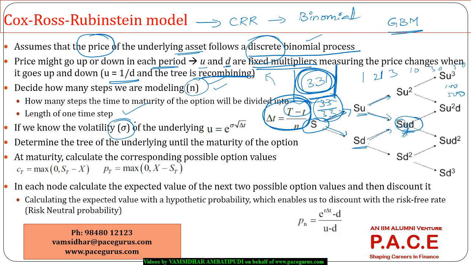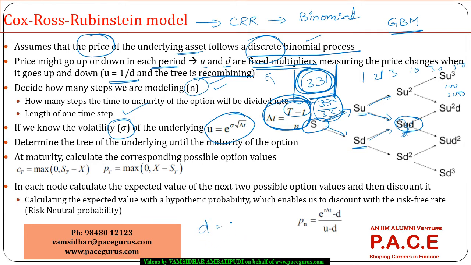Then volatility. We already have the information of the volatility of the stock using the daily numbers that are published by the NSE. Based on that, this model computes the U value, the upward multiplication factor, e to the power of sigma root delta t.